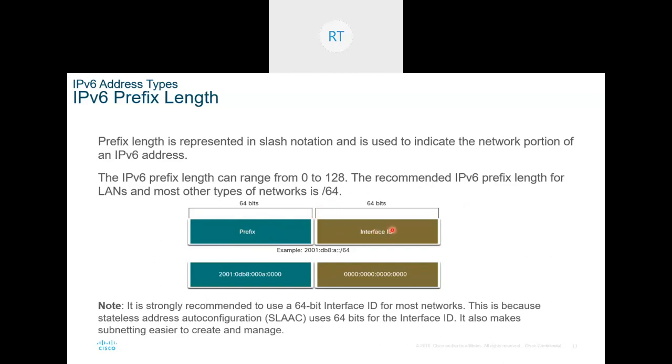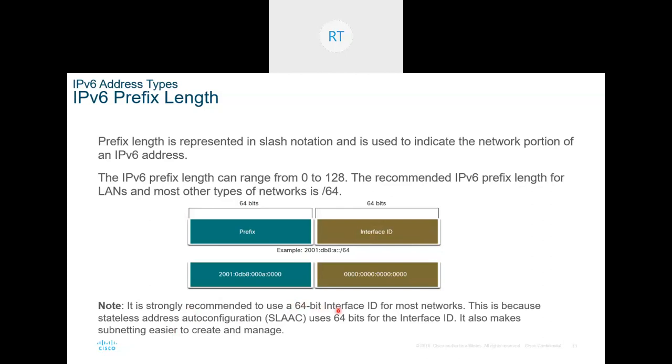Though you can have a scenario where the prefix is not 64 and the interface is not 64. But in real application, if you're using that as the LAN address, the prefix should always be 64. The interface ID is also 64. And that's what you can see in the note here.